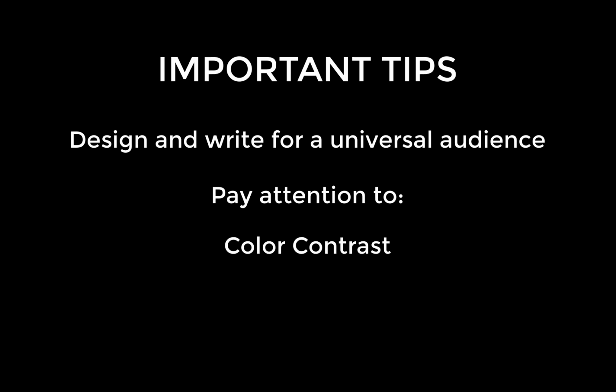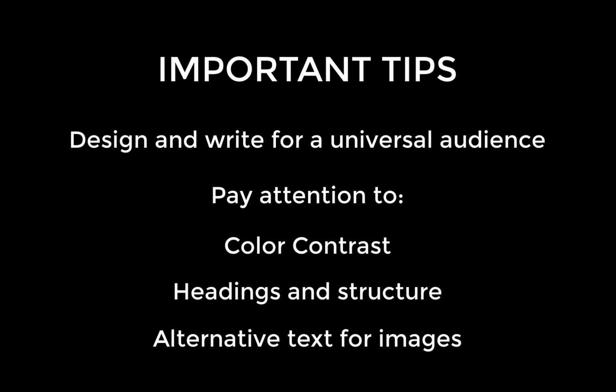Are they visible to learners who are colorblind? Having headings and structure is helpful for people with learning disabilities to understand the content and its structure. Alternative text on images is generally a great idea for all learners because it gives context to the image's purpose and the reason for being there.